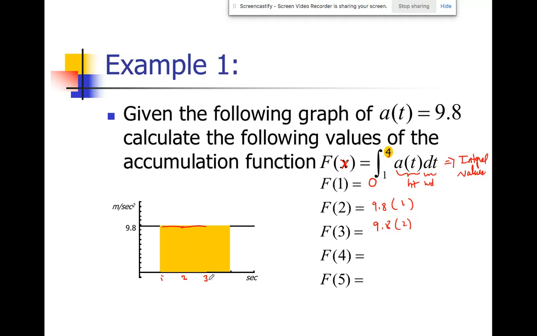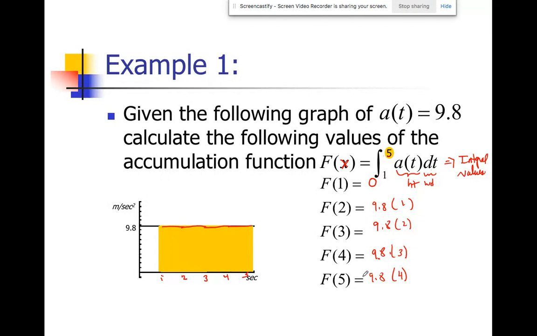Accumulate more. Go to 4. Height is still 9.8, but width is, lastly, change x to 5. Accumulate. You have a rectangle now under the function A of t with a height of 9.8 and a width of 4. Can't I keep going?